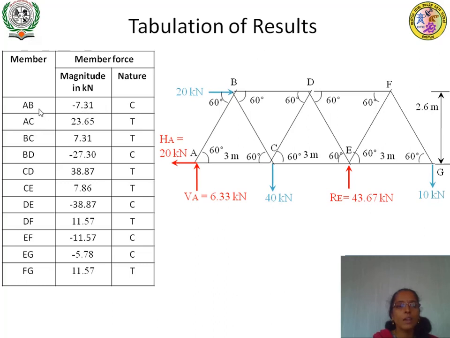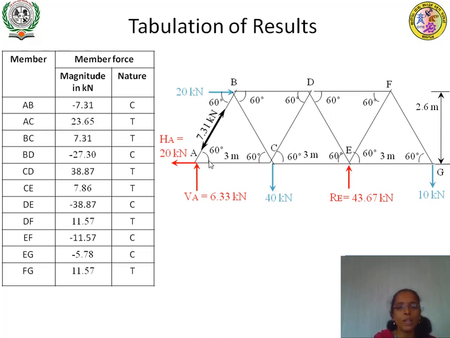AB is subjected to a compressive force. Compressive means the joints should be under compression, the arrow marks should be towards the joints like this, and you have to mention the magnitude along the member, 7.31 kilonewton. Next, AC is subjected to tensile force.